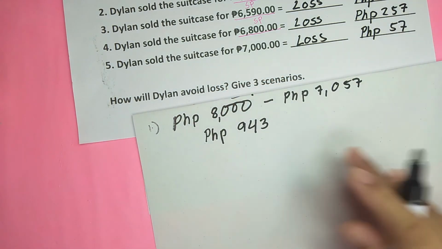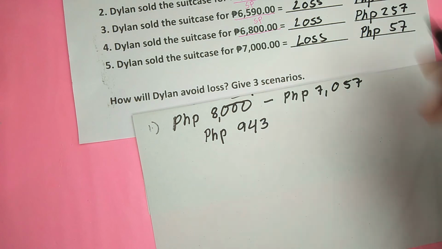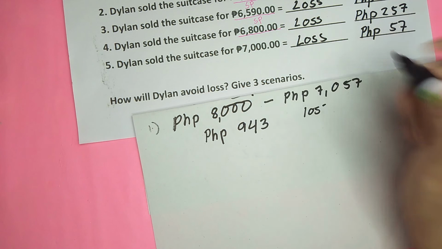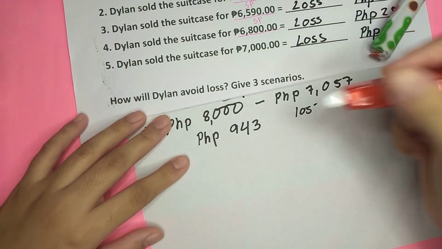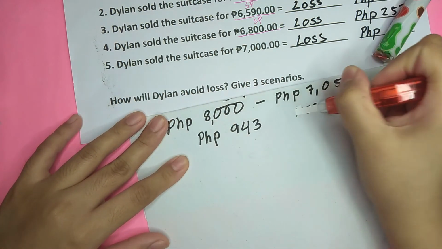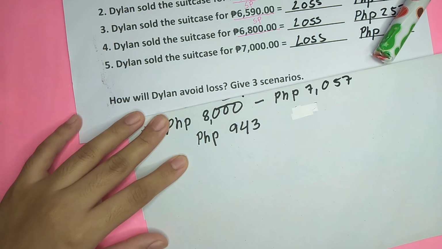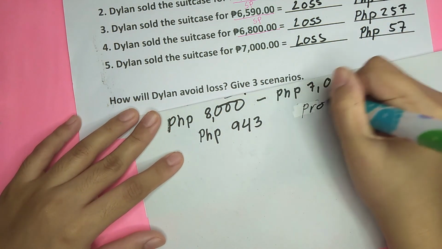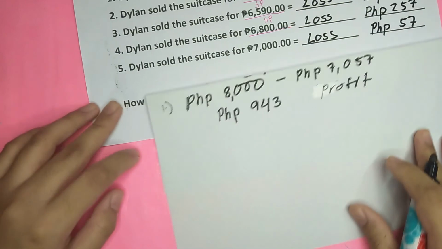So, positive yung nakuha. So, it is profit. Hindi siya magkakalugi. Ay, profit. Oh my gosh, lutang. So, hindi siya malulugi. So, profit yan. Okay.